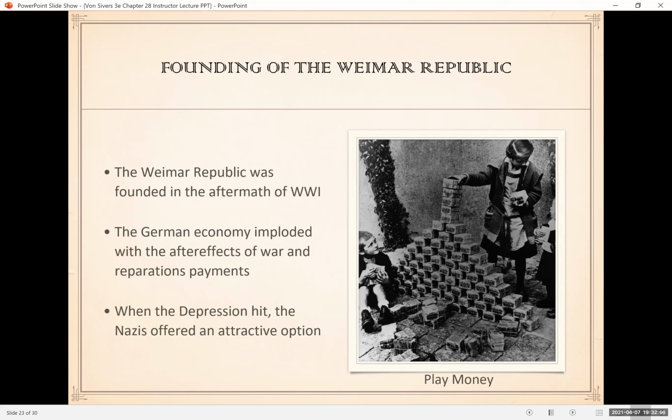But there was violence in the streets. The communists were fighting, the strikers were fighting.